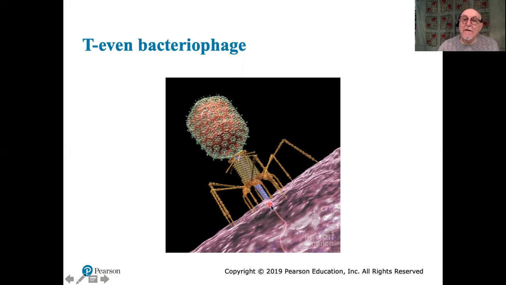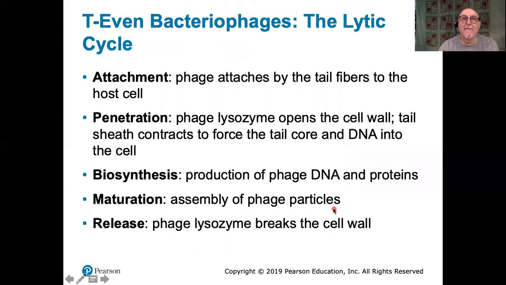This tube has poked its way through the cell wall and the cell membrane into the bacterial cytoplasm. And the DNA here is being injected. This is a DNA virus. This is a famous bacteriophage called T-even. We'll hear about one or two other kinds in a while, but this is the T-even bacteriophage.